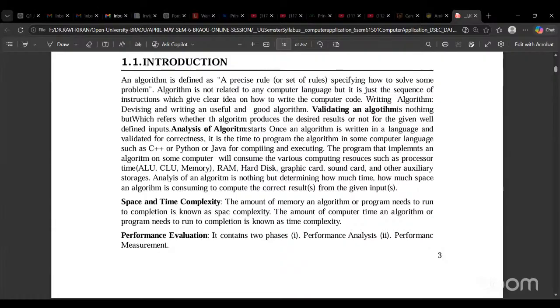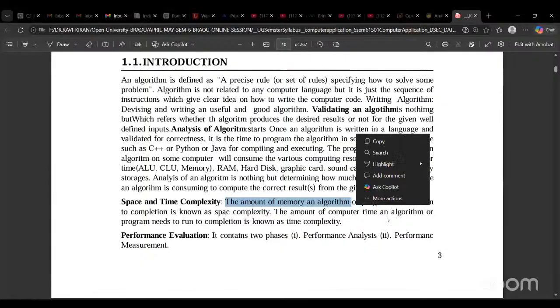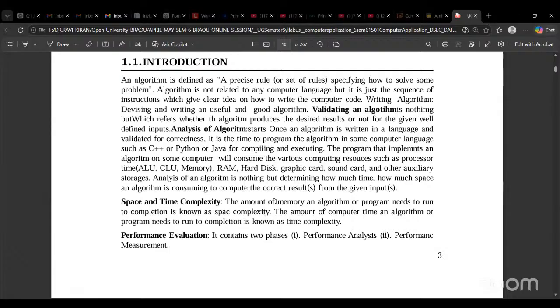The amount of memory an algorithm or program needs to run to completion, memory meaning how much storage or processing power is required, is known as space complexity.